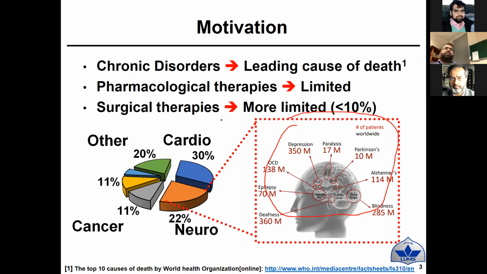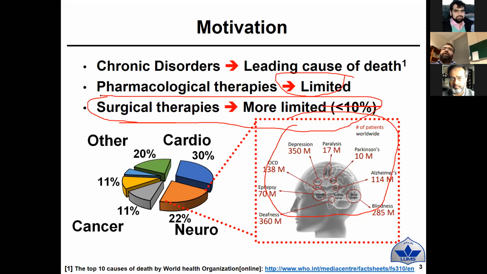And conventional pharmacological therapies, meaning the pills which you take, have limited efficacy. Normally we say that for chronic disorders, 30 to 40% still remain unattended. Then surgical therapies have good efficacy, but again, they are limited. You cannot do surgical therapies for very simple scenarios.